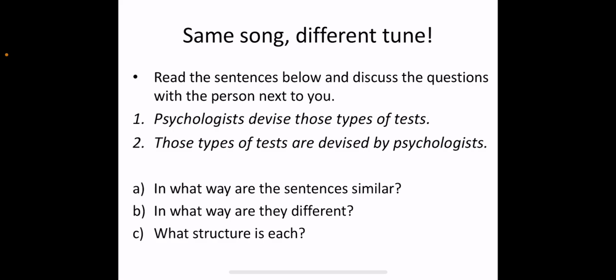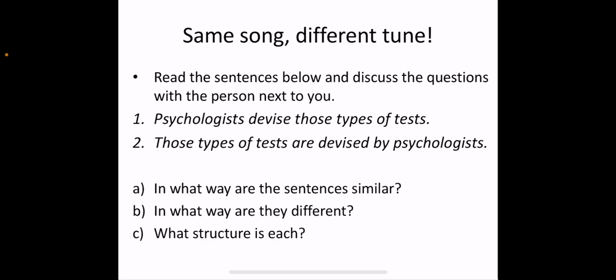We call those types of sentences active voice sentences, because the most important thing is the subject, so we start with the subject. Now, in number 2, we have a type of subject, but if we check the subject in number 2, we can see that it's actually the object for number 1.